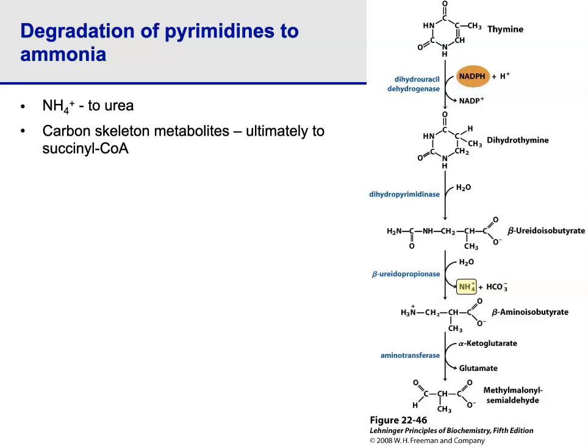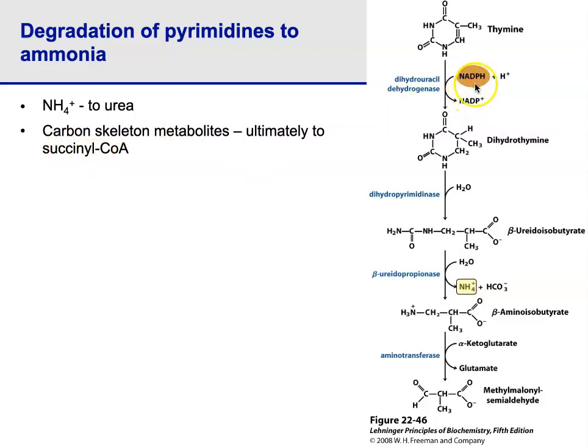Pyrimidines, though, undergo slightly different processing, and the major products of pyrimidine degradation are ammonia and carbon compounds that eventually get converted to succinyl-CoA and enter the citric acid cycle.